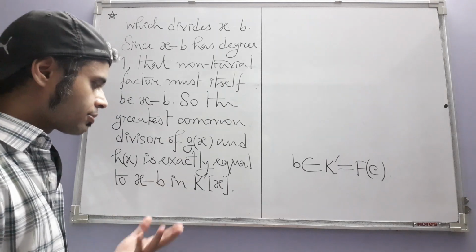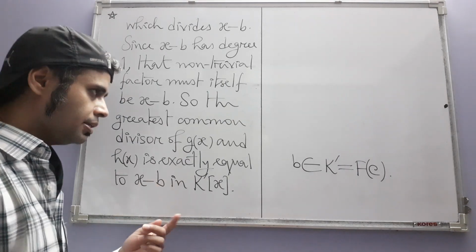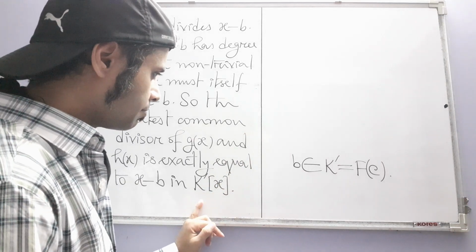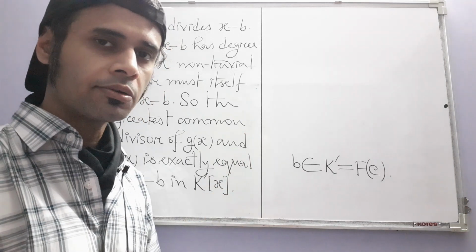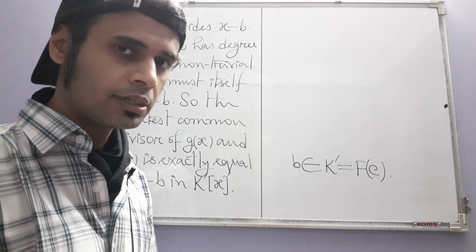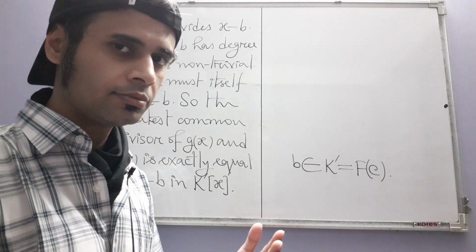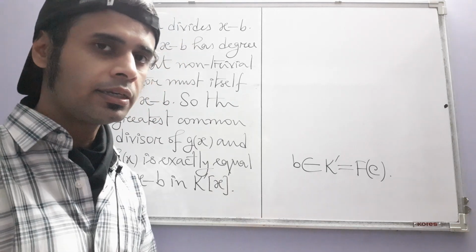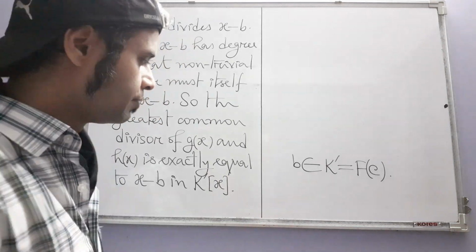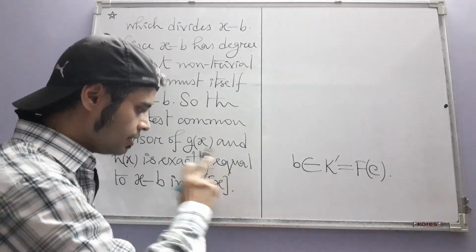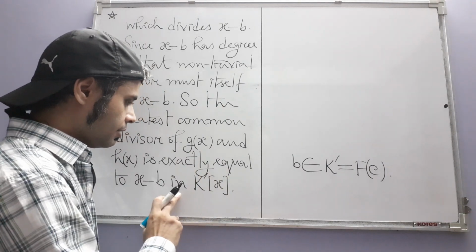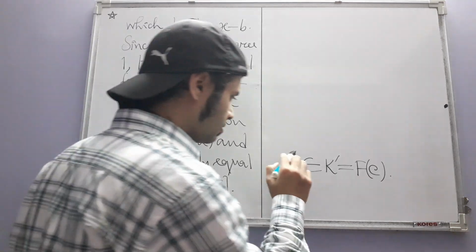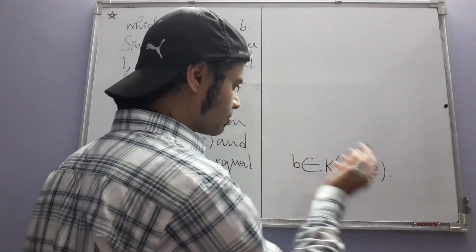So we cannot say that x minus b, just from that part we cannot, simply because x minus b is the only non-trivial divisor of gx and hx, does not automatically imply that it is the GCD of gx and hx in this ring, because it has to be an element in this ring, no? But we do not know whether b belongs to k prime.